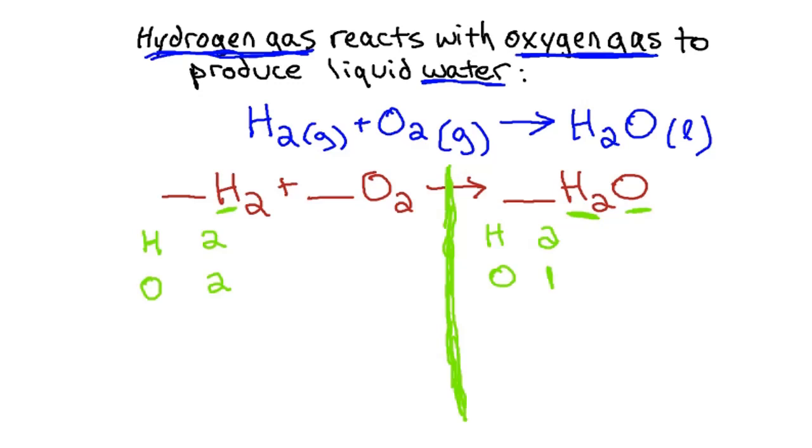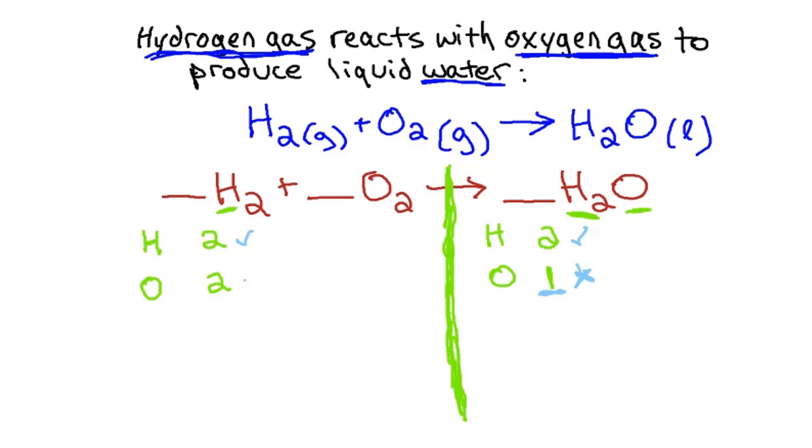So we have H2 on the left, so check, and we have H2 on the right. We have O2 on the left, but we only have O1 on the right. So we need to bring this up to a 2.